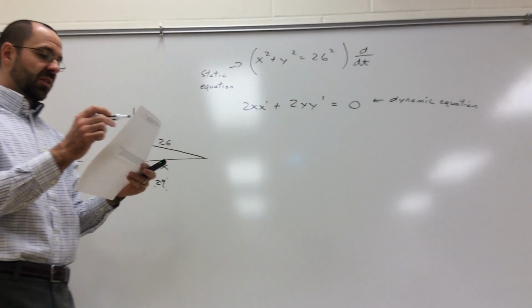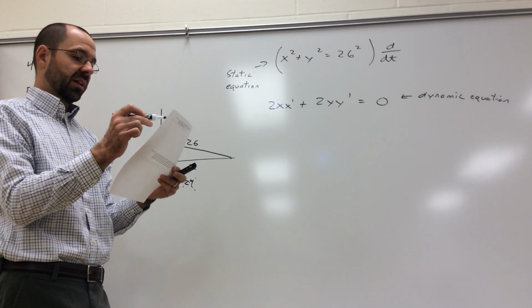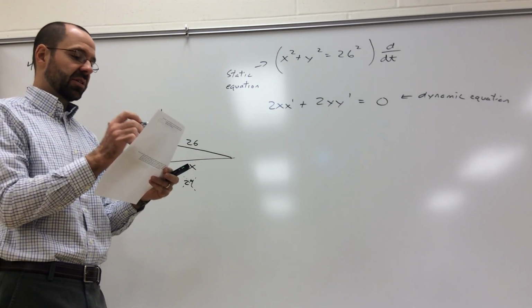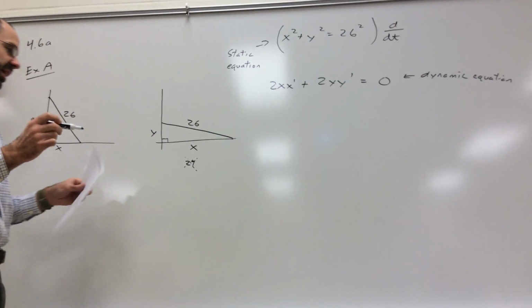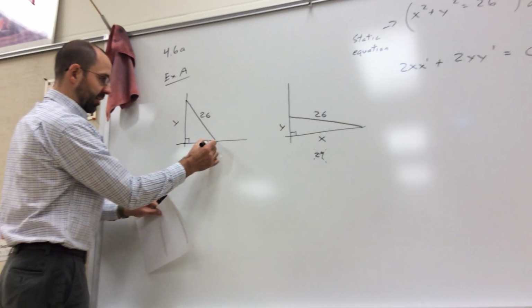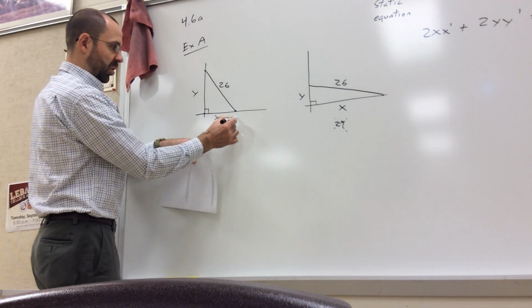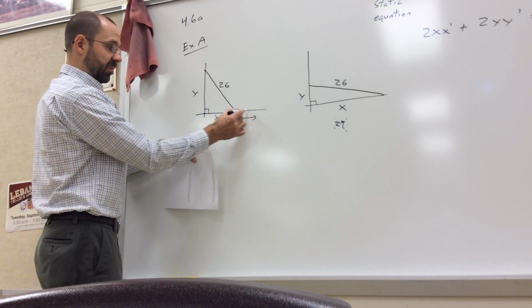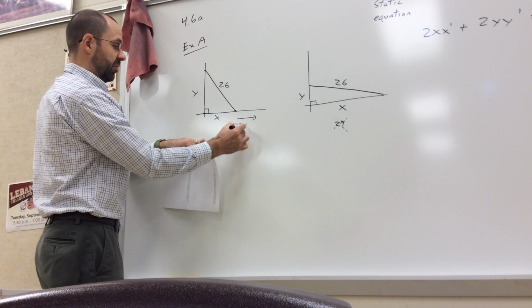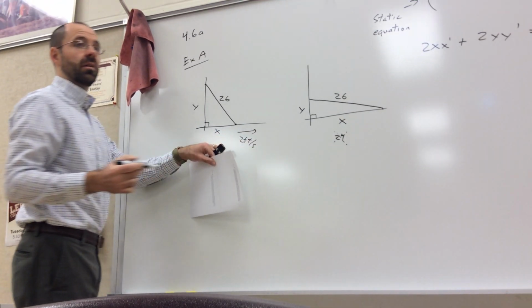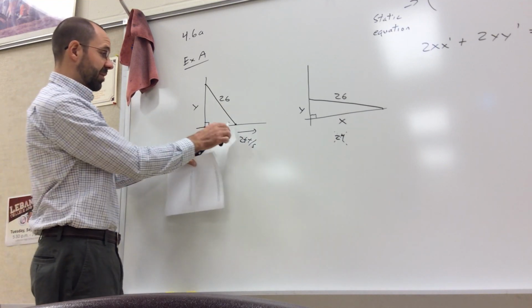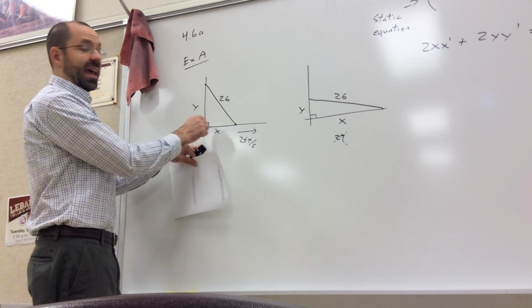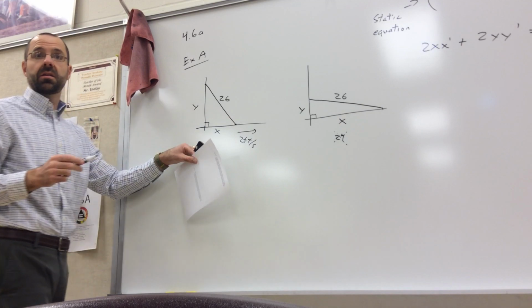Okay, so let's see. We've got some other information. We got the 2 feet per second, right? It says if the bottom of the ladder is pulled horizontally away from the wall at a rate of 2 feet per second. Okay, so the bottom of the ladder is pulled away from the wall, so this is moving at 2 feet per second. So when the bottom of the ladder moves away, that makes x bigger, right?